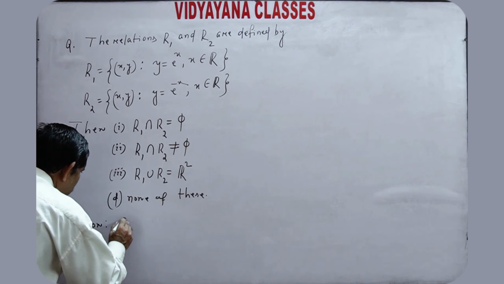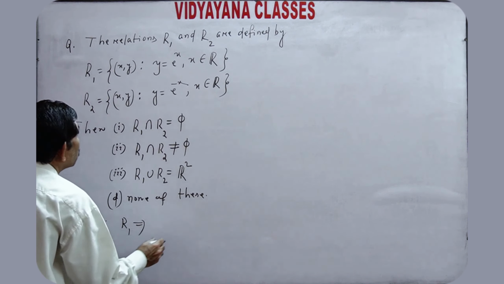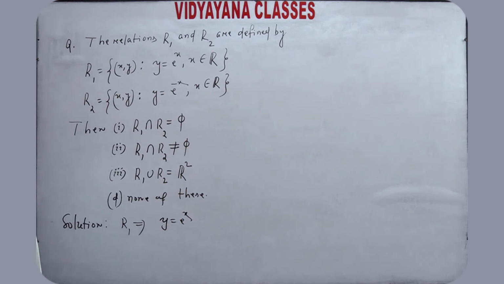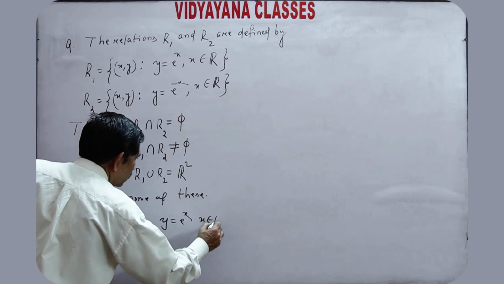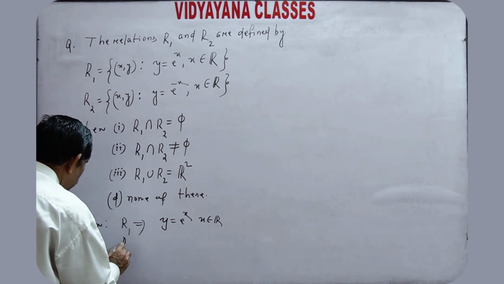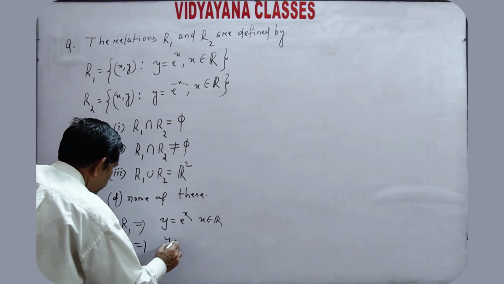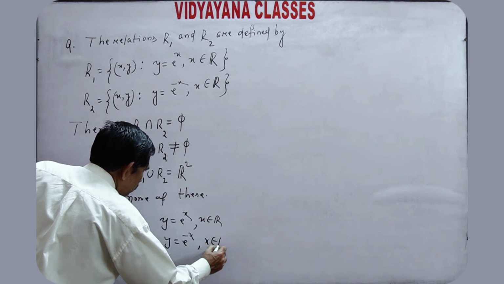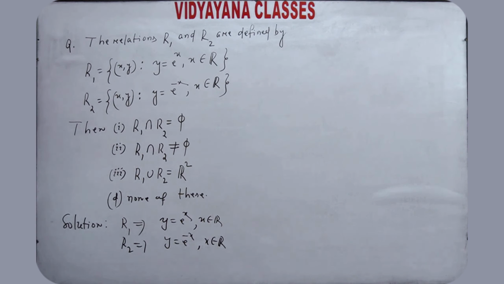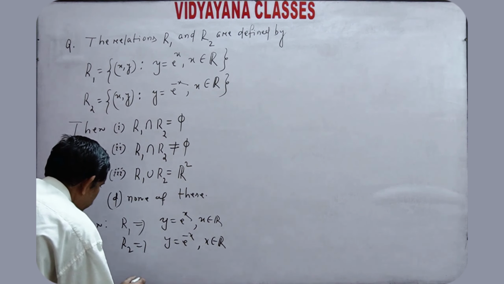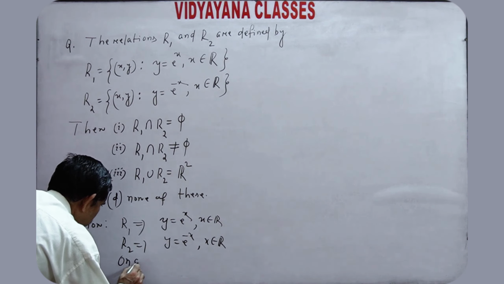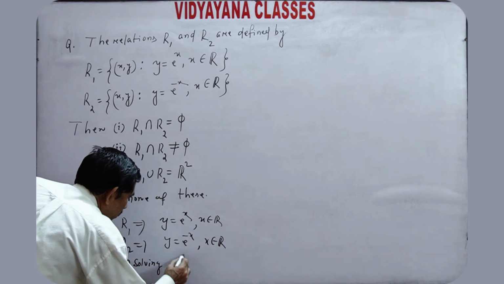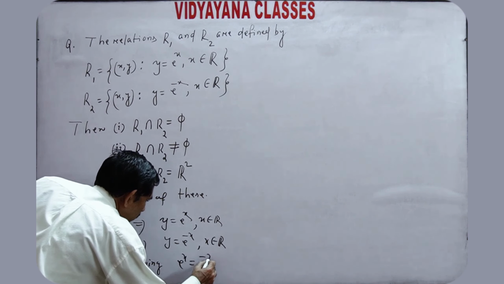R1 implies y is equal to e to the x, x belongs to the real set. R2 implies y is equal to e to the minus x, x belongs to the real set. Solving, e to the x is equal to e to the minus x.